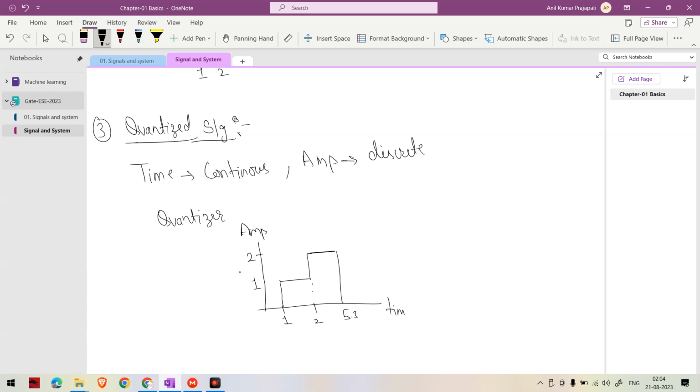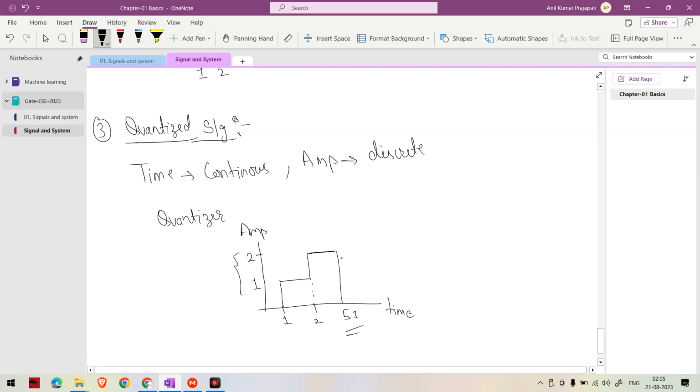So you can see the time axis contains non-discrete values, but the amplitude must have discrete values. This type of signal we call a quantized signal. In general people think quantization means discretizing both amplitude as well as time. So it is not true.